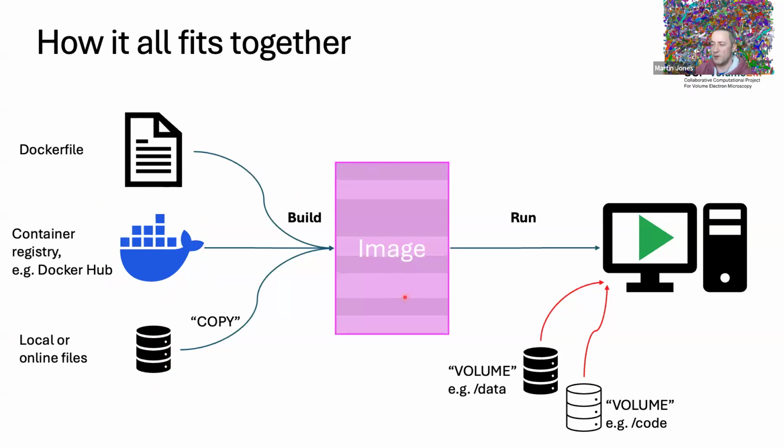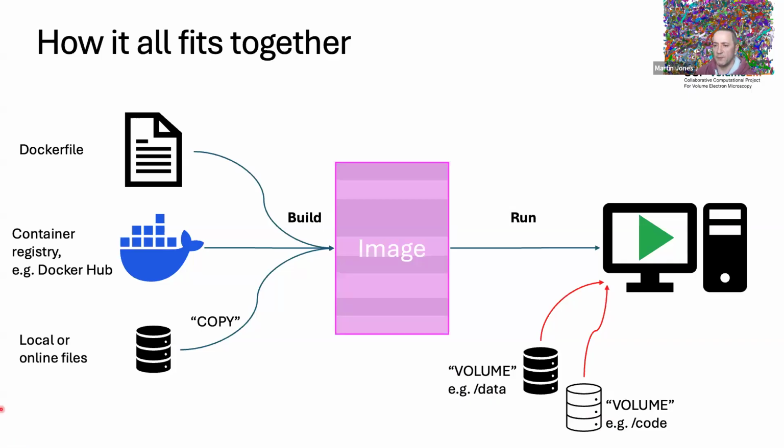They all go into this image, which is the fixed bundled immutable object. Then that image can be run. And now that does our processing. We can attach external data and code and other items on file in a flexible way via these volume commands.